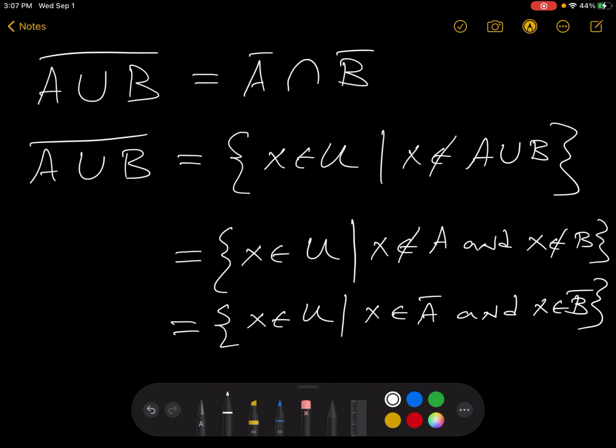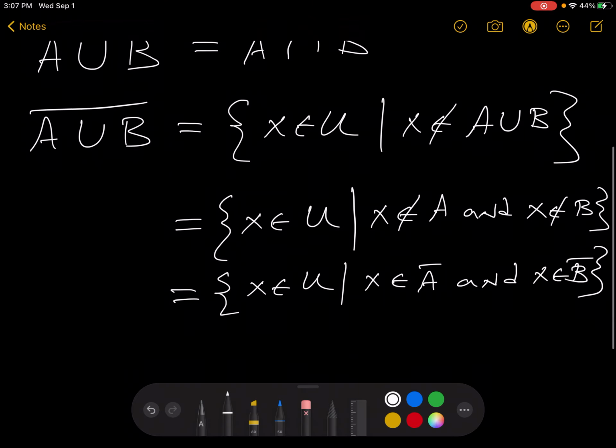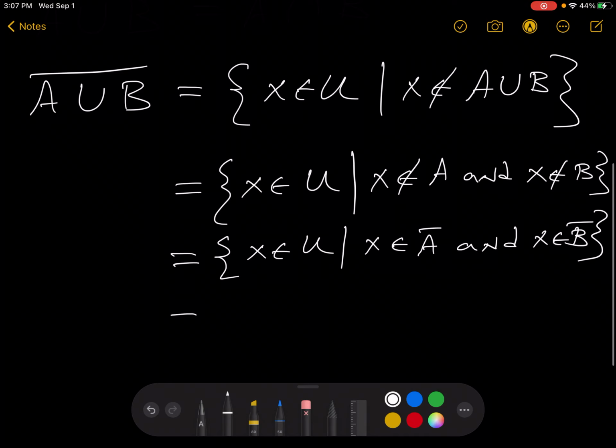And this is really just the definition of what it means to be in the intersection. This is A complement intersect B complement.